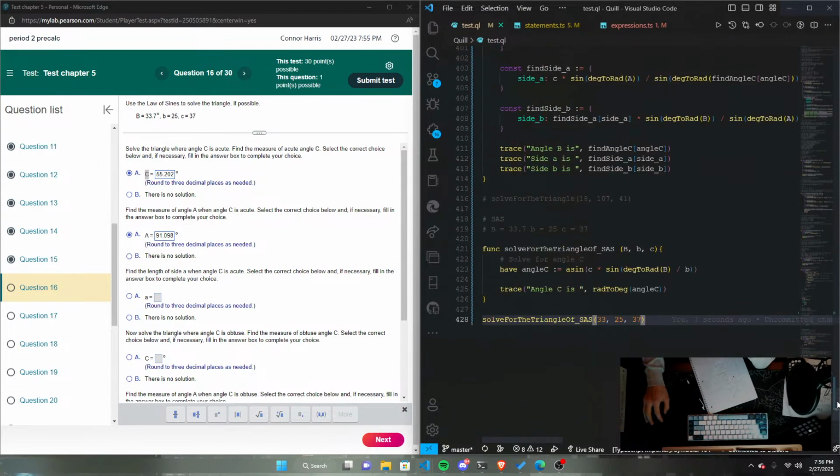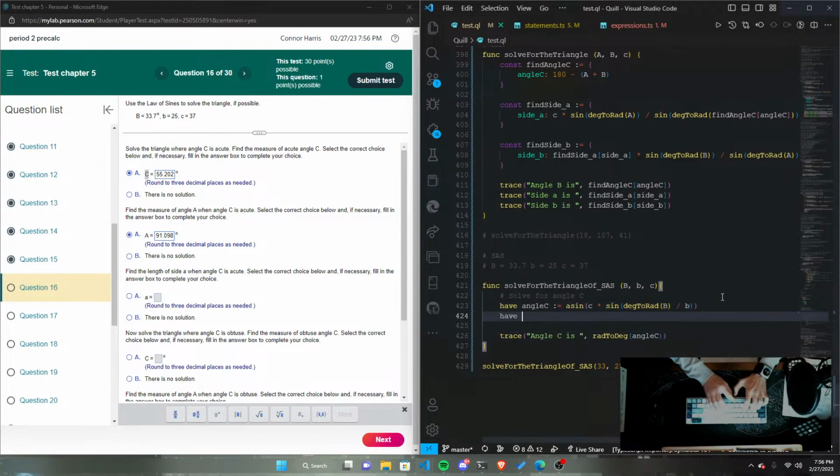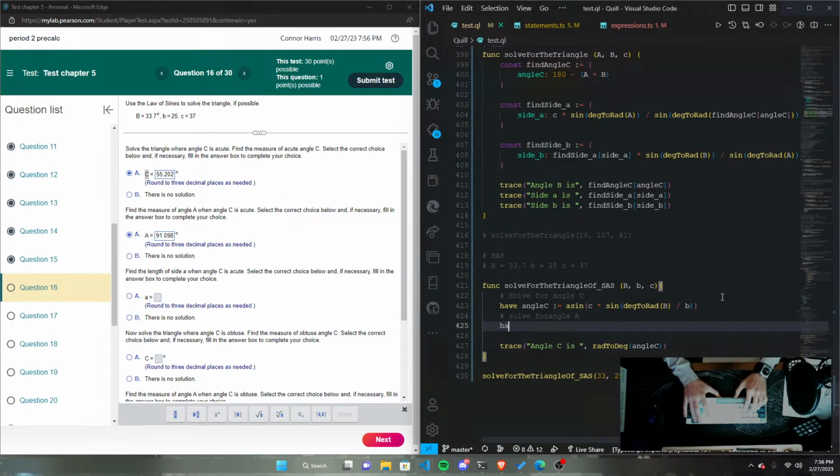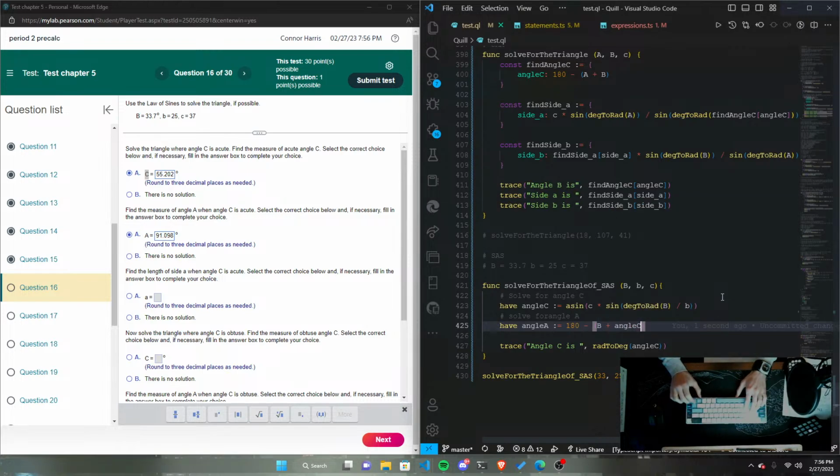Okay. So now we need to solve for angle A. Have angle A be equal to 180 minus big B plus angle C. And then that should return the proper value.